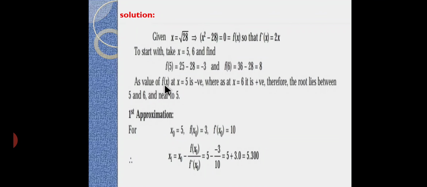As the value of f of x at x is equal to 5 is negative and at x is equal to 6 is positive, according to the intermediate value property, the root lies between 5 and 6, and near to 5.